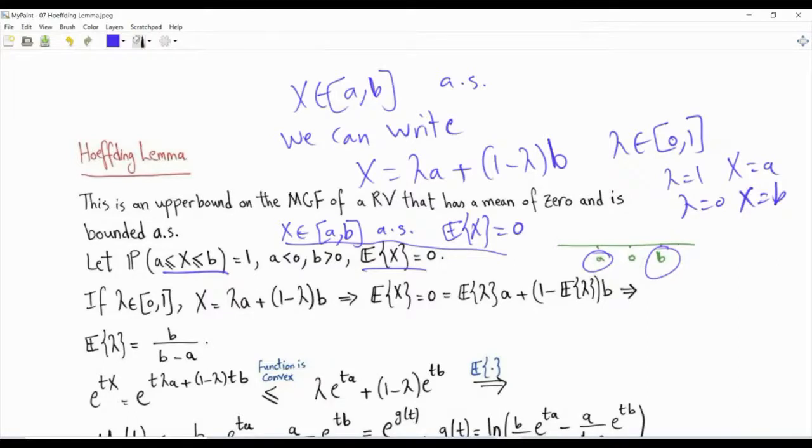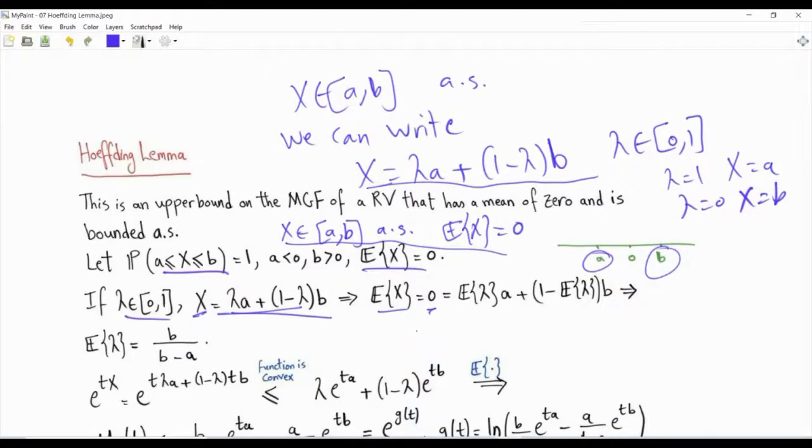If lambda is 1/2, X is the midpoint between a and b, otherwise it is a point between a and b. Because we know that X is between a and b with probability 1, we can express X as lambda a plus 1 minus lambda b. Take expectations of both sides. Expected X is 0. This is the class of random variables we are talking about.